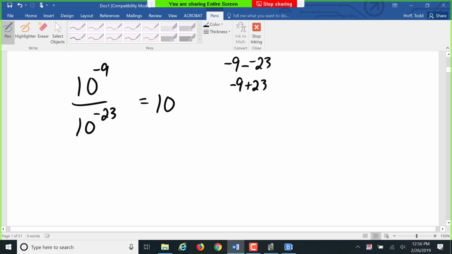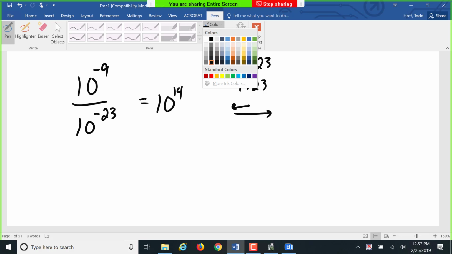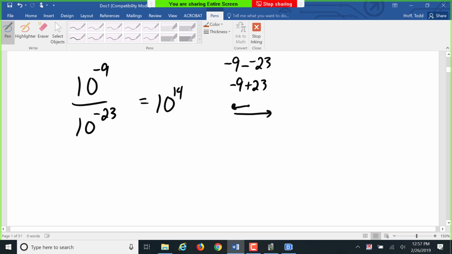Negative 9 minus a negative 23 becomes negative 9 plus 23, which is positive 14. So the 10 and the 10 don't divide to make 1 there? Nope, we don't divide. Remember, it's the same base of our exponent. It won't divide out.